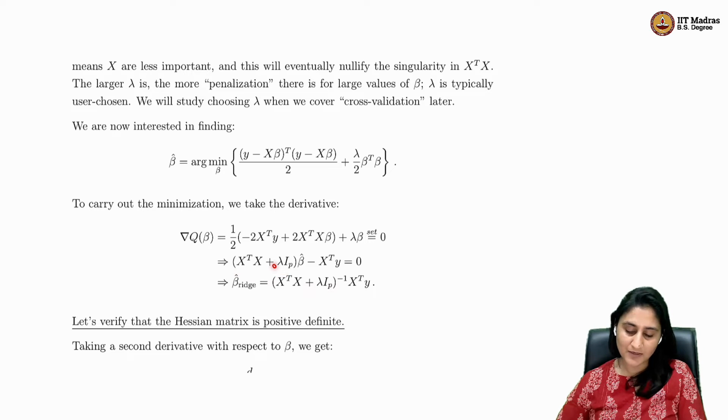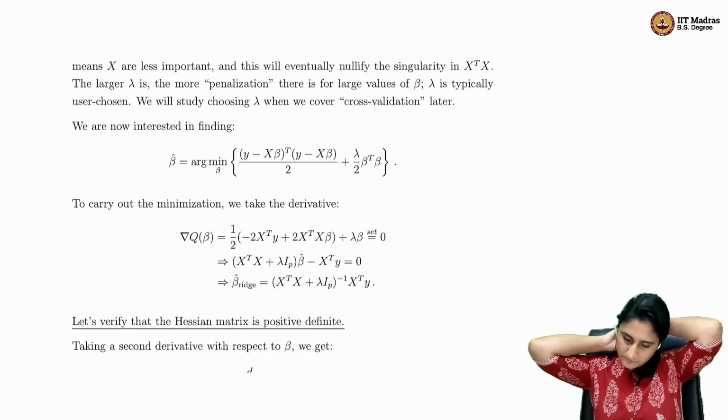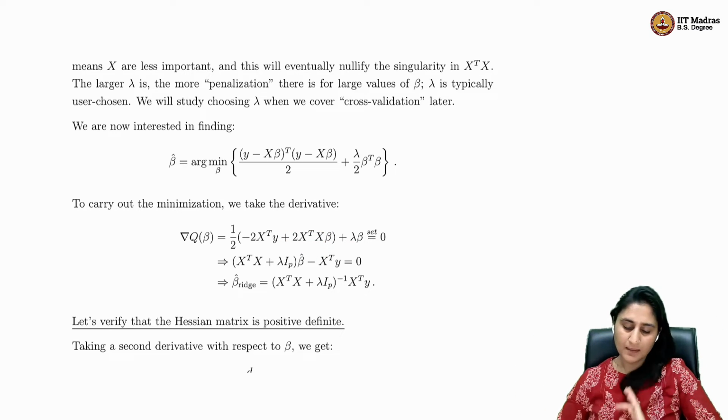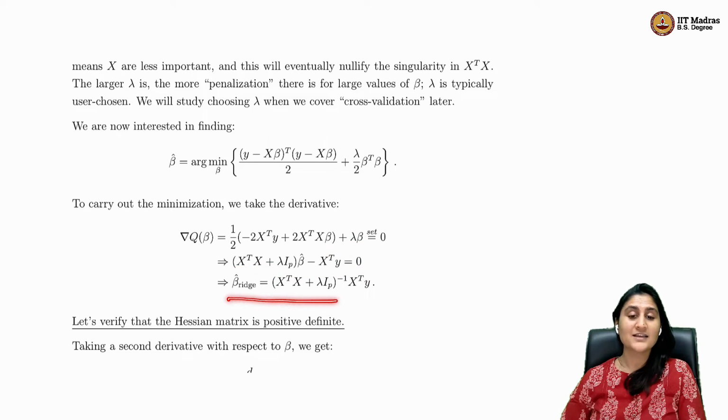So lambda, notice, is only getting added to the diagonals of this matrix. I have a leftover minus x transpose y. I set it to 0, put this on this side and take an inverse of this over here. So I get beta hat ridge is x transpose x plus lambda IP inverse x transpose y.